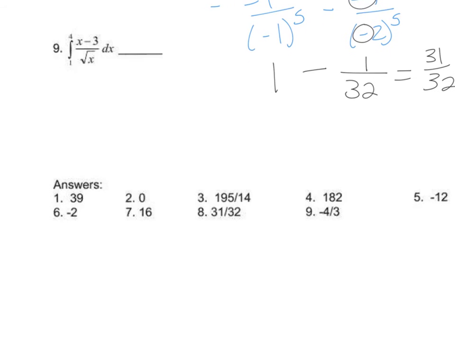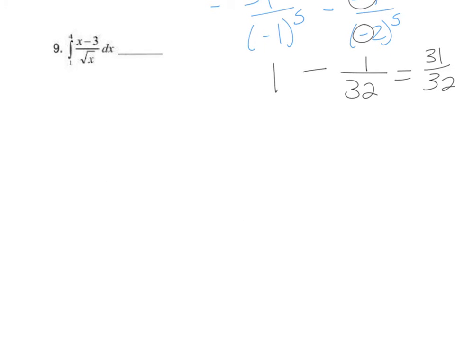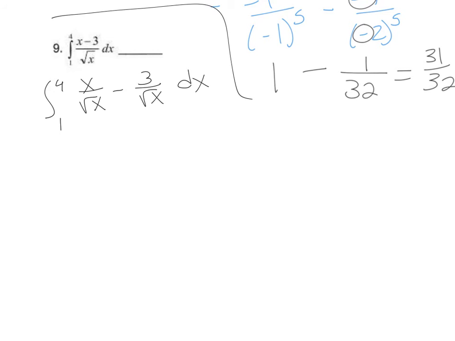Okay, now for 9, I'm going to first simplify by dividing each part of the numerator by the square root of x. But instead of the square root of x, I'm going to think of it as x to the 1/2.